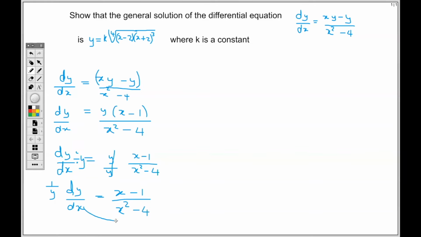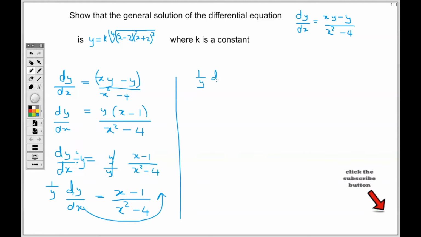Now, I'm carrying the dx over to my right. Separation of variables, putting the y's together, the x's together. So 1 over y dy is equal to, carrying dx over to my right, x minus 1 over x squared minus 4 times dx.